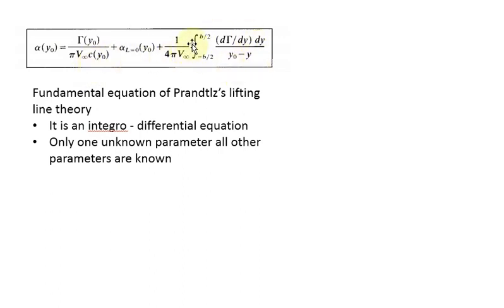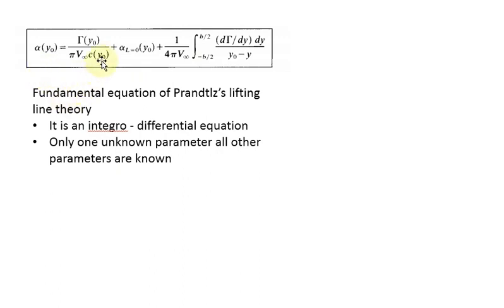This is called the induced angle of attack, and this is called the effective angle of attack. When I combine the effective angle of attack plus the induced angle of attack, this is your geometric angle of attack. This equation is called the Prandtl lifting line theory. At the end of the Prandtl lifting line theory, we calculate the summation of the effective angle of attack plus the induced angle of attack.